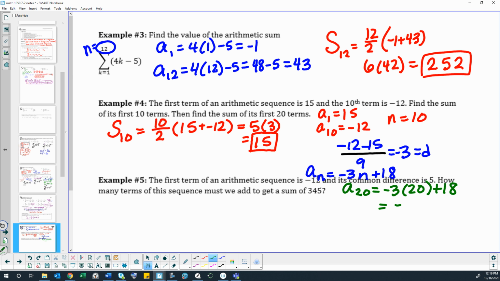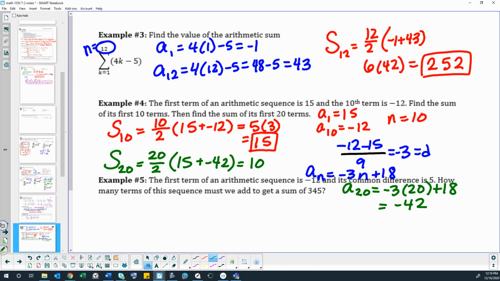Help me out with this. Negative 60 plus 18, is that negative 42? Somebody check my math. So s sub 20 would be 20 numbers divided by 2. But this time, the first number is 15 and the last number is negative 42.